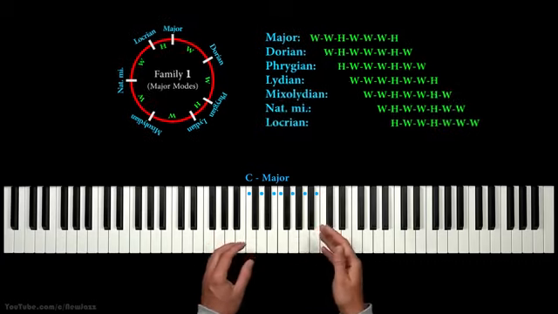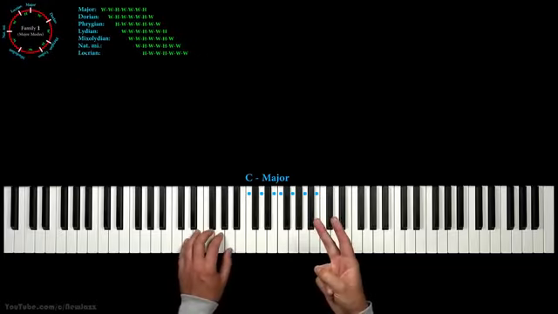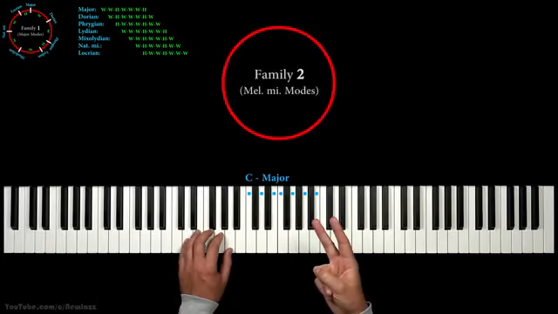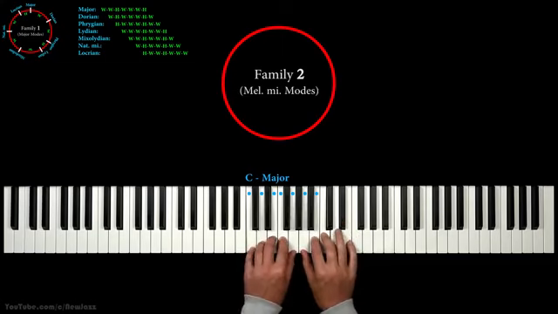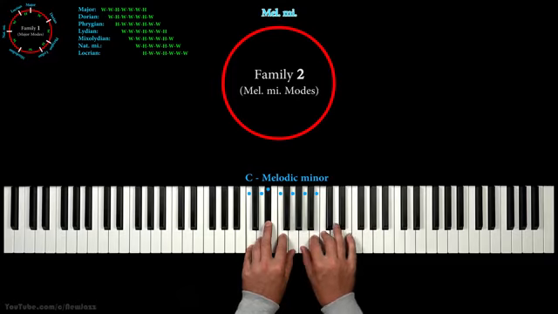Now, let's move on to Family 2. Before we used the major scale as basis. Now we'll use the ascending melodic minor scale. This scale also contains 7 notes.